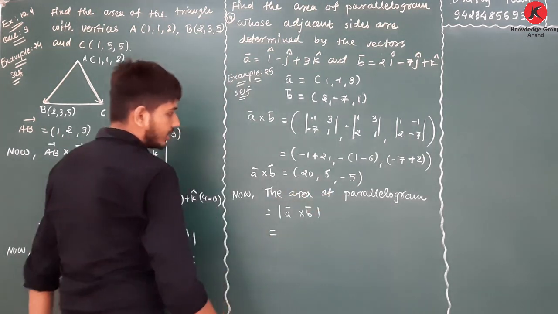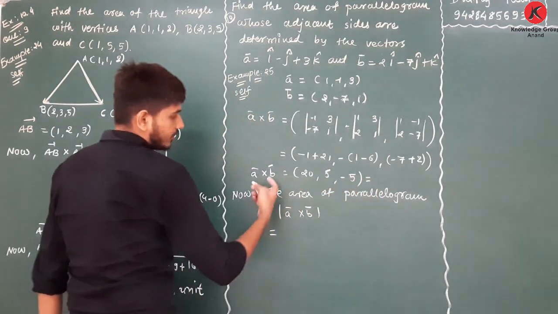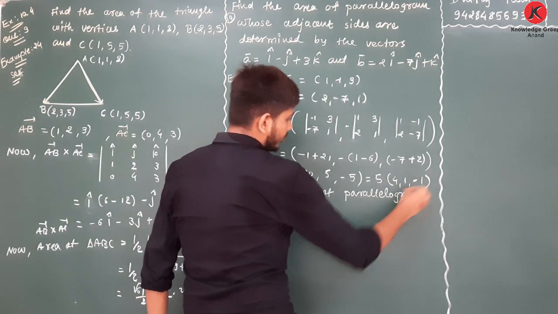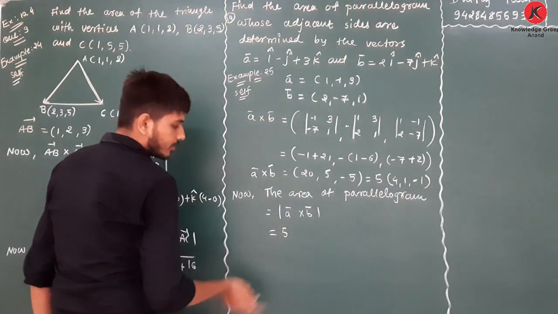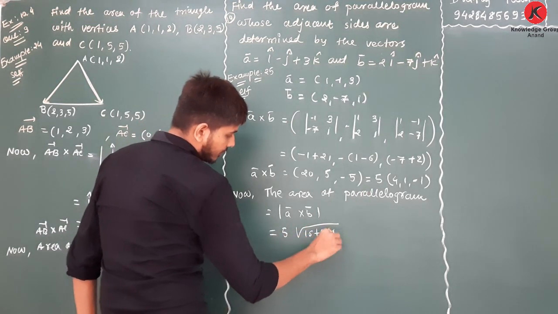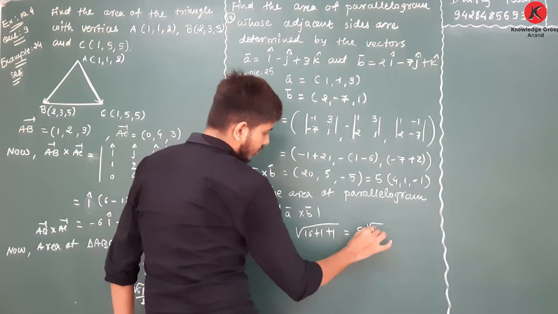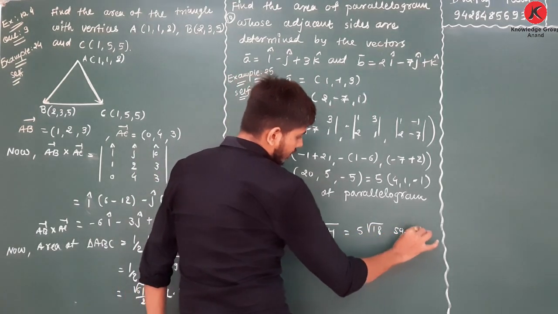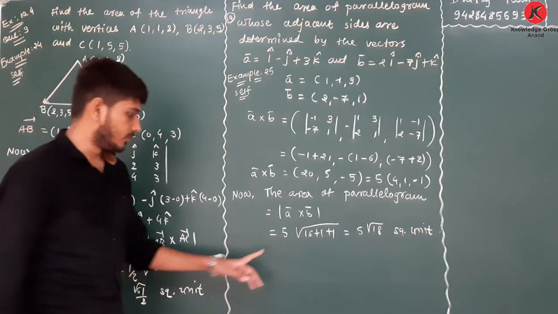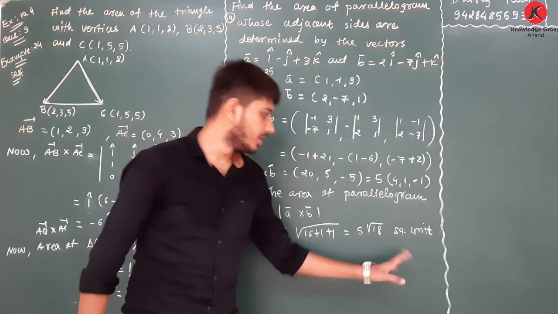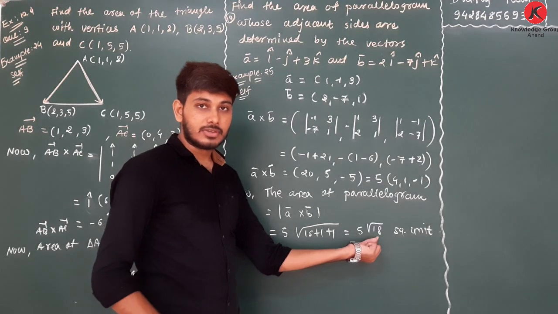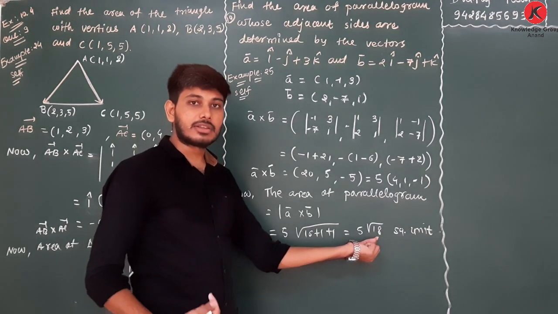To calculate its magnitude, first let's do one thing. 5 is common, so taking 5 common, what remains is 4 1 minus 1. In the magnitude, the 5 will already come outside, and this becomes under root 16 plus 1 plus 1, so 5 under root 18 square unit is your answer. The area of the parallelogram equals 5 under root 18 square unit. Now under root 18 can be written in two ways: 9 2s are 18, so we can take 3 common.